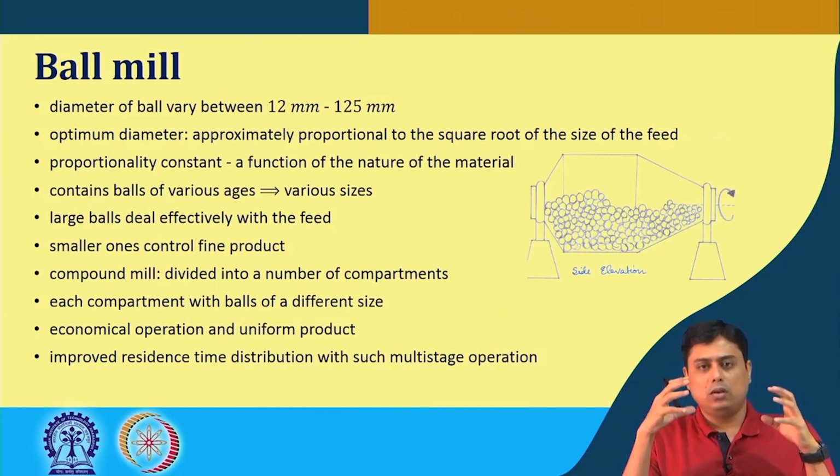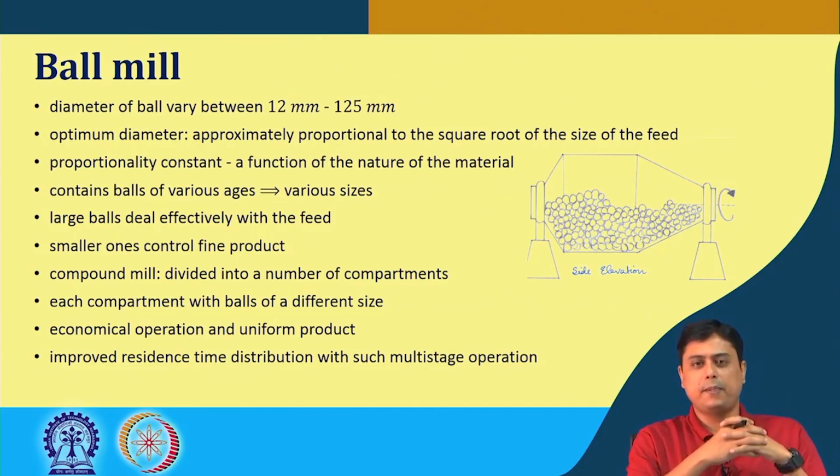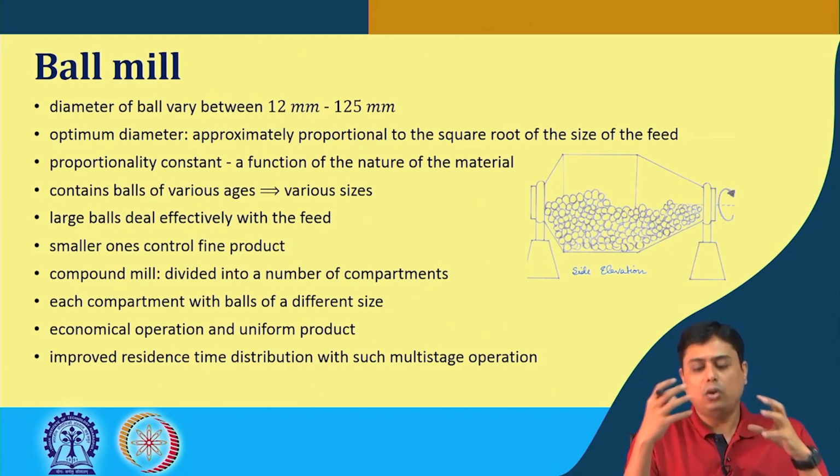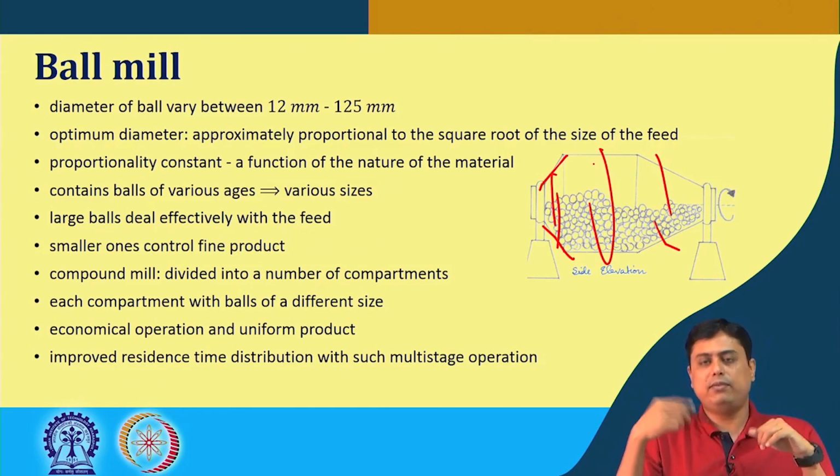Now, we can understand these balls are going through some vigorous movement inside the ball mill. So, naturally there will be a huge amount of wear and tear of these balls, and it is not uniform as ideally it should be, because by this construction the movement of the periphery would be different in different locations, or the velocity would be different, and so the wear and tear will not be uniform for all the balls.